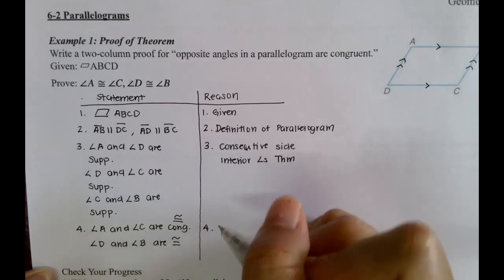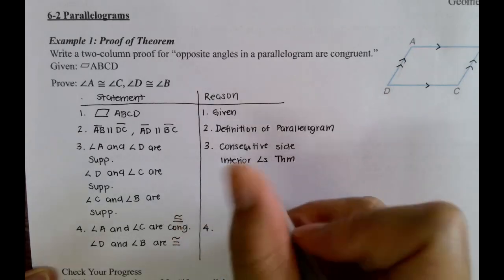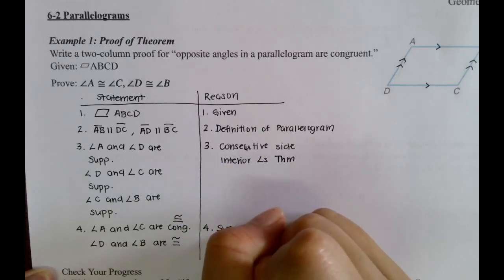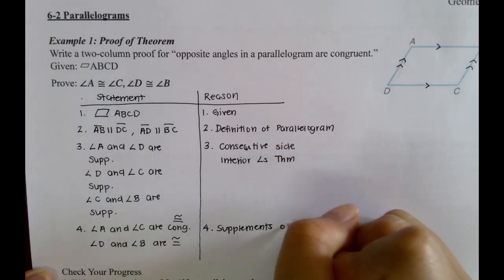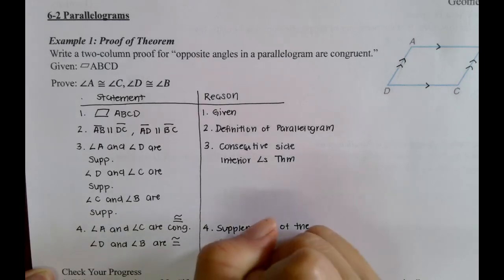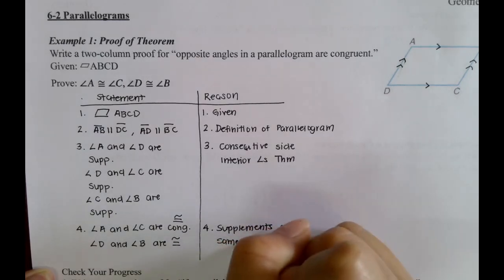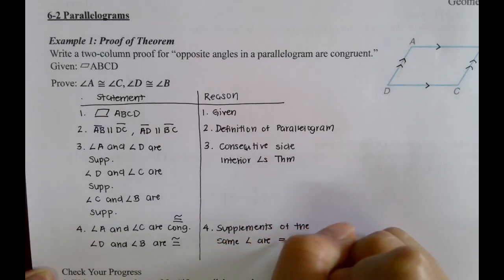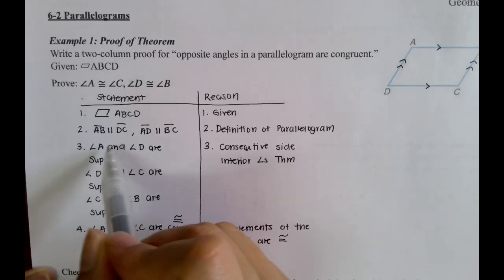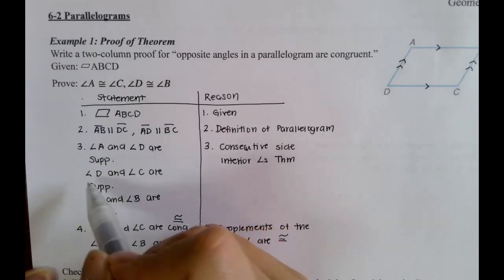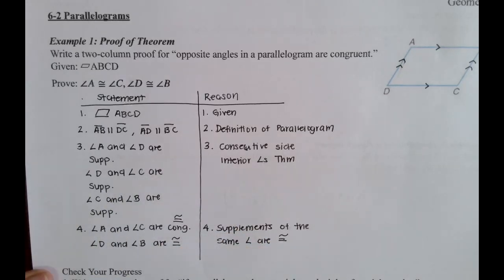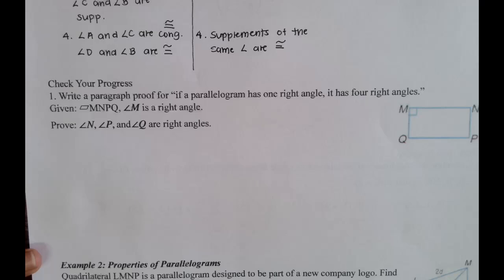And the reason for that is because supplements of the same angle are congruent. Right? So both A and C are supplementary to D, and then both D and B are supplementary to C. There you go. Okay, so why don't you check your progress 1.